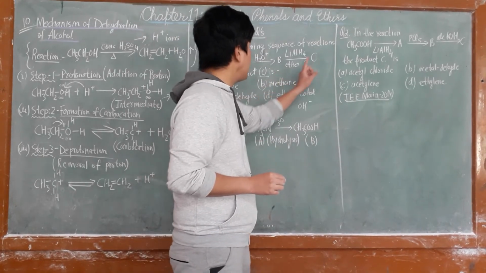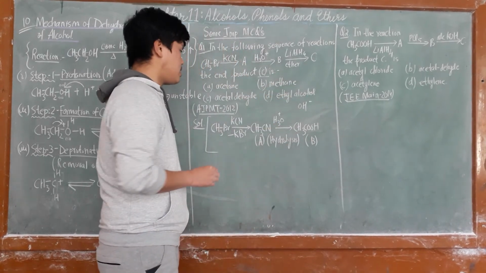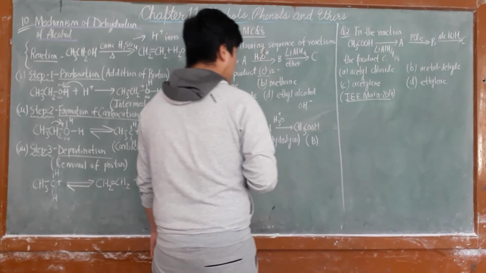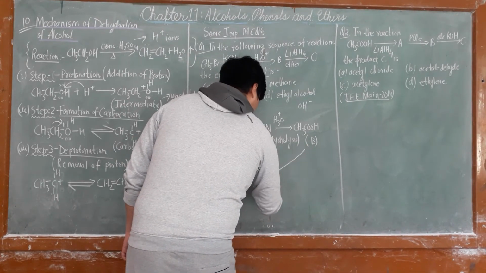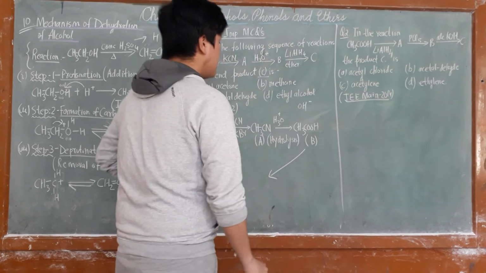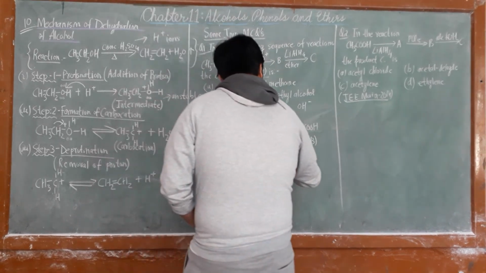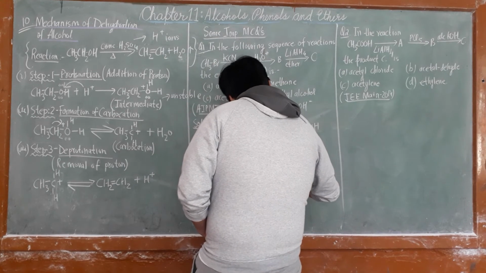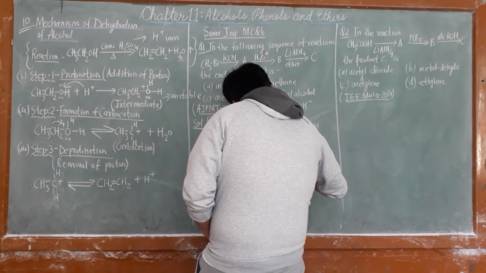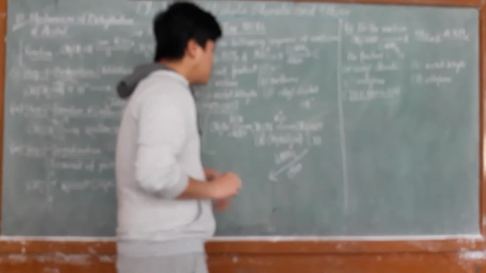Now we have to find the C product. You have to react it with LiAlH4 in the presence of ether, which is a medium.